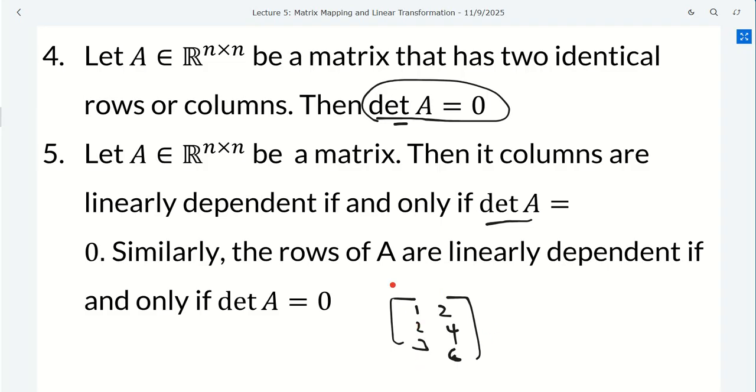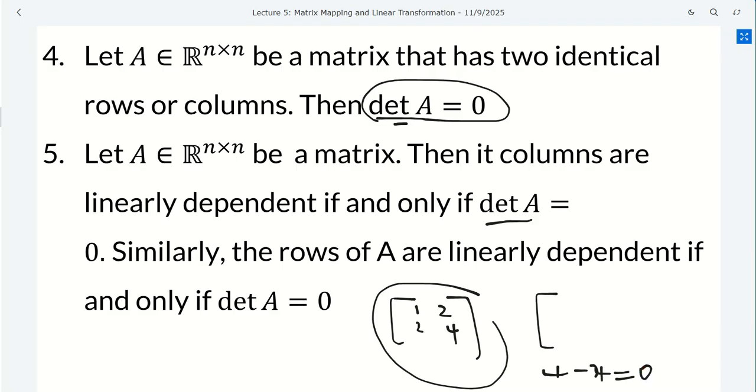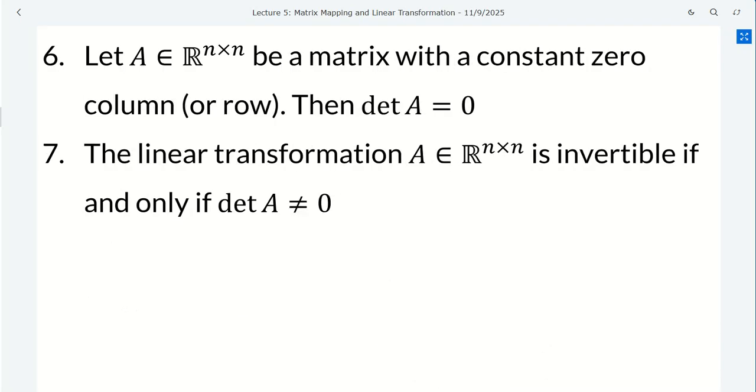So there is dependency over here. For the determinant, let's pick a square matrix, please. Sorry, let me clean this. All right, we find 1 times 4, which is 4, then 2 times 2, which is still 4. We get 4 minus 4, which is 0. So immediately you see that it gives you 0.